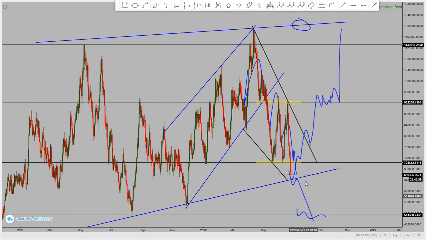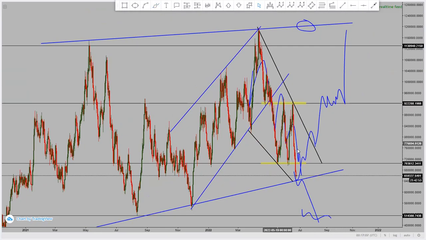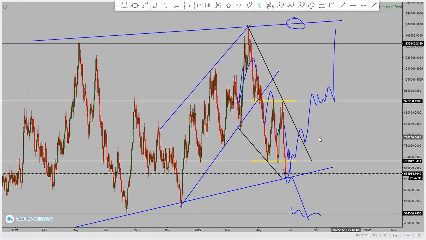But it's a rare case scenario. But if it happens, it's fine. We're simply going to take the sales and go with it. But now, once we get the rejection to the upside and the bullish confirmations on a smaller time frame, we'll simply enter the buys and hold.